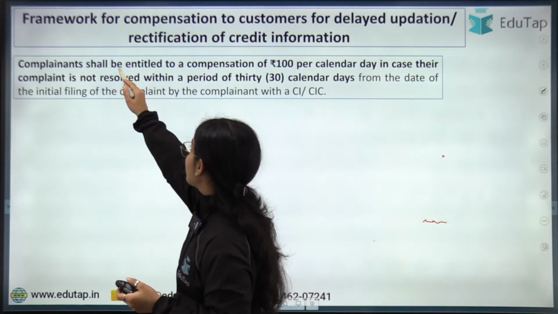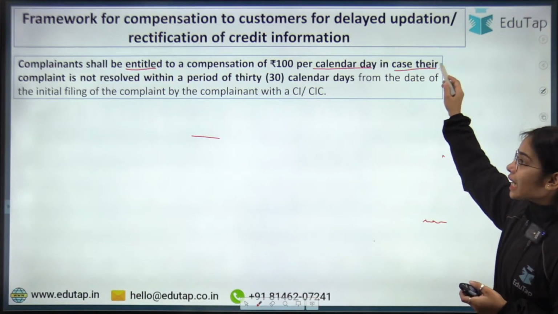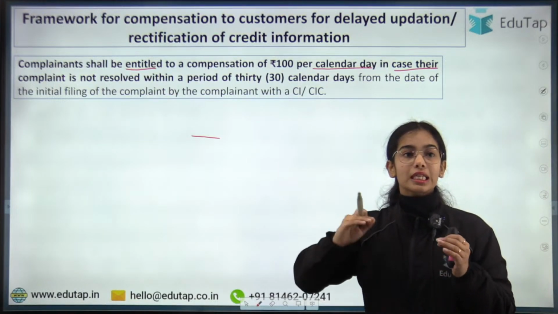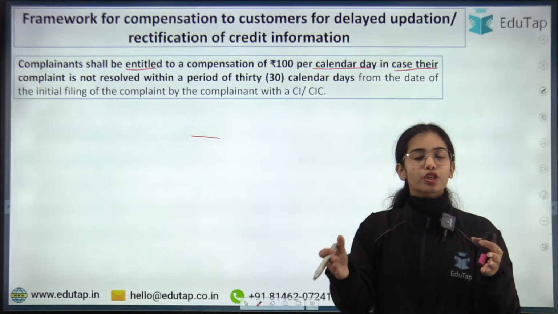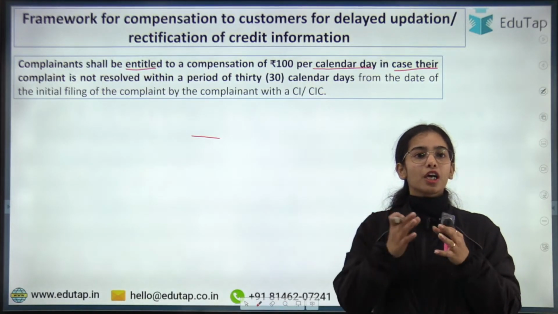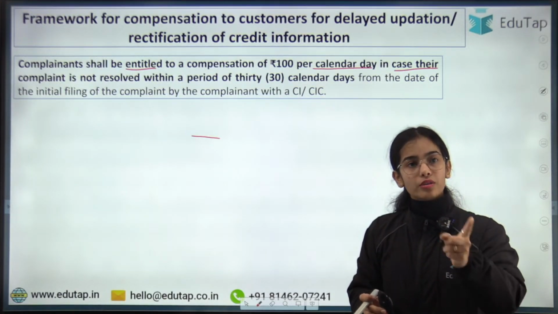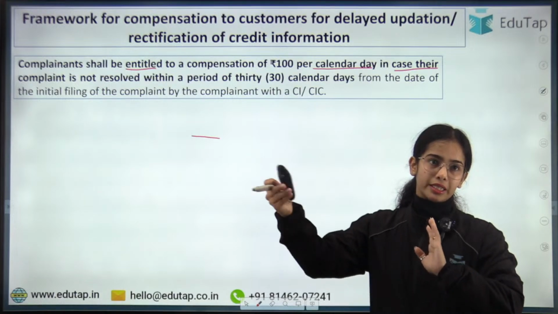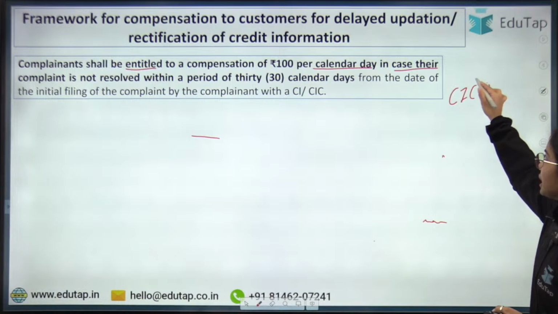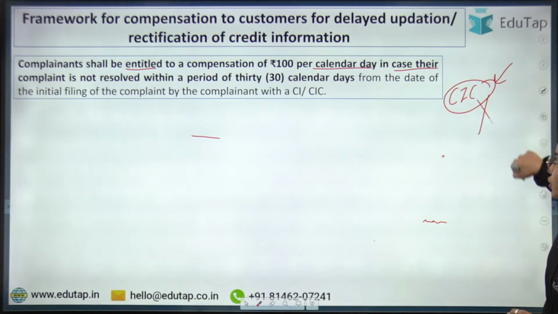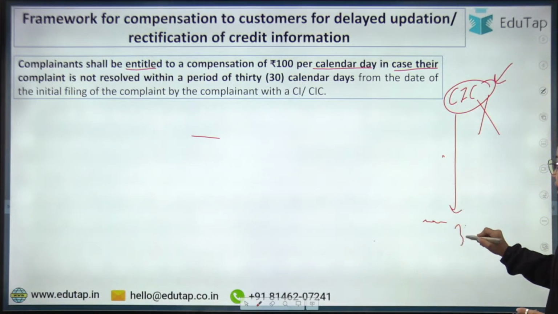Now, complainants shall be entitled to a compensation of 100 rupees per calendar day in case their complaint is not resolved within 30 days. So 30 days are given to credit information companies and credit institutions. If they are not resolving the complaint within 30 days, then there is 100 rupees of compensation daily that you will have to give after the 30 days period. Okay. So if the credit information company gets a complaint that you have given wrong information, it has to resolve it within 30 days.